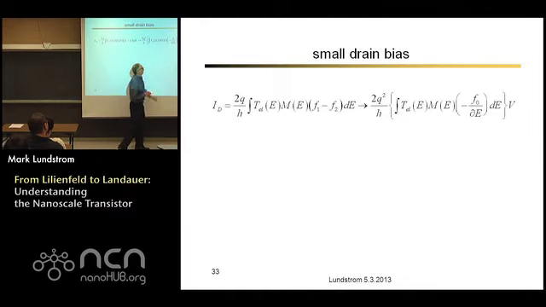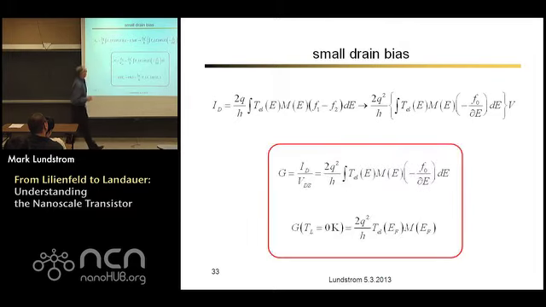This should be the drain voltage here. Okay. So if I divide the current by voltage, I get conductance, and I get an expression. You read physics books, solid state physics books, you'll find expressions like this for the conductance of any resistor. Frequently it won't be expressed in terms of T and M, that's the Landauer terminology.